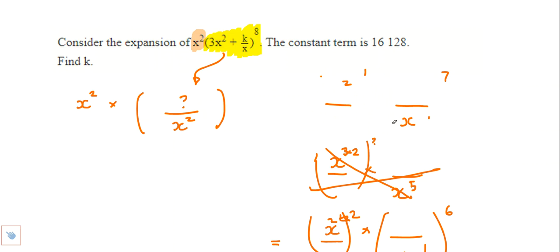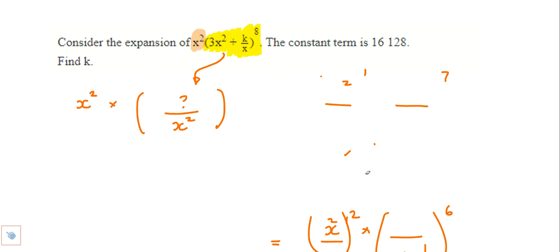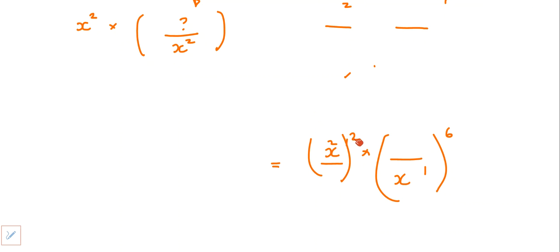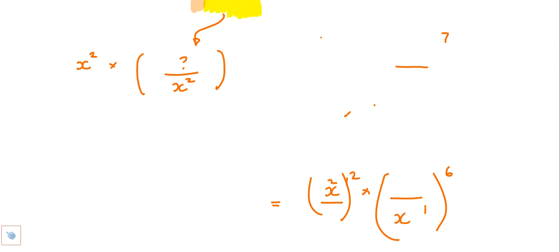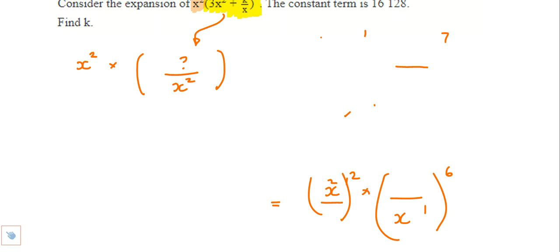So I've determined from what I've just done that what I need is the term to be x squared. I need it split x2, x6. Does that make sense? Yeah. So is it 3x squared?